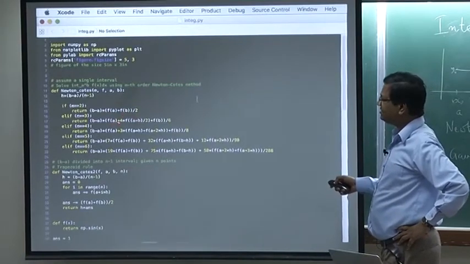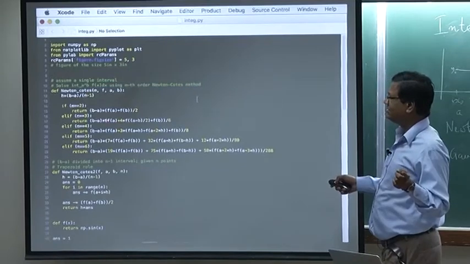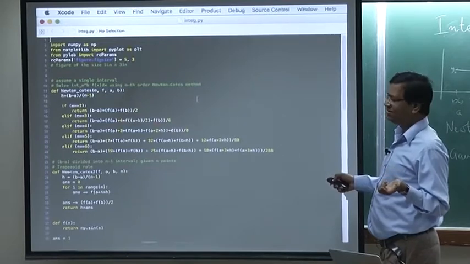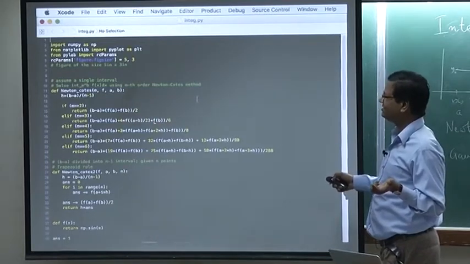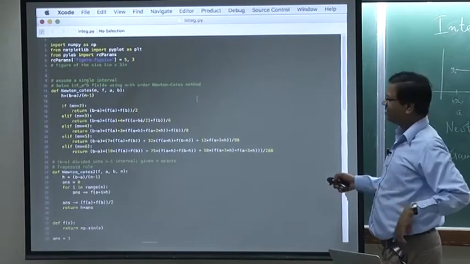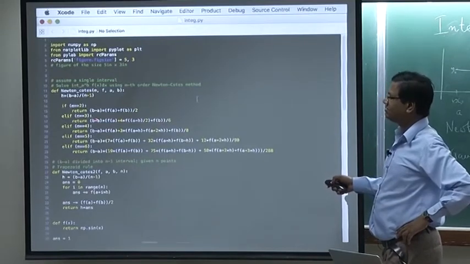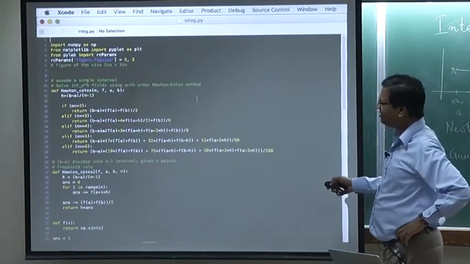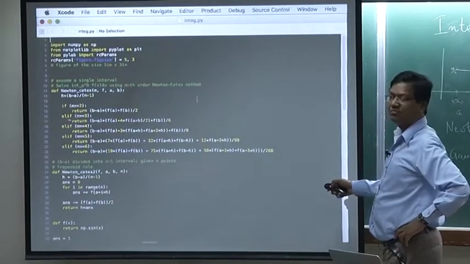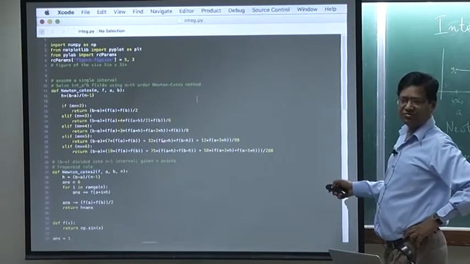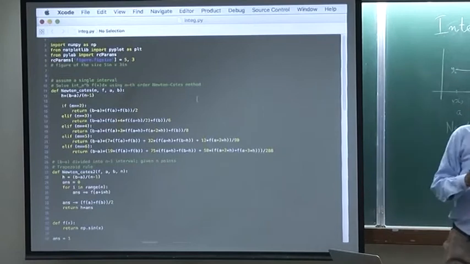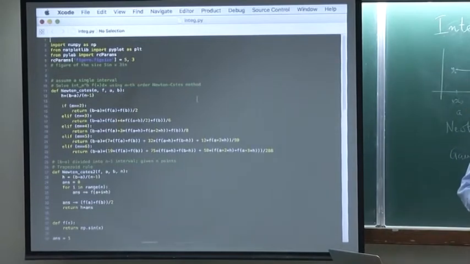For 3 points, this is again coming straight from the table: 1/6 of the first point, 4/6 of the second point, and the third is 1/6 again, and multiply by b minus a always. So these are all taken from the table. Is it clear how to write the formula? For every point you multiply the c_i and multiply by b minus a at the end.